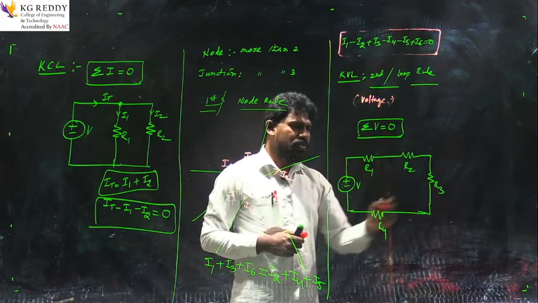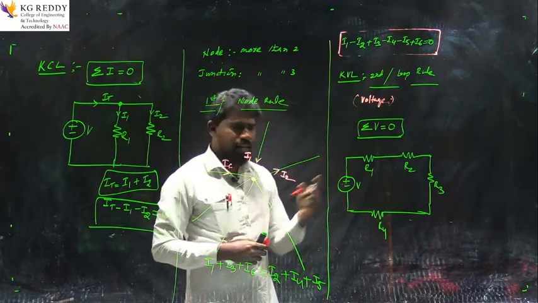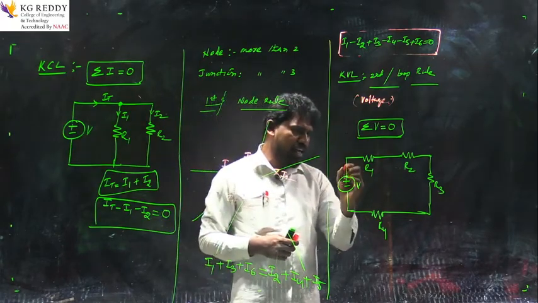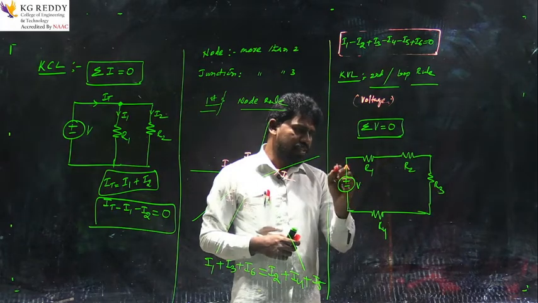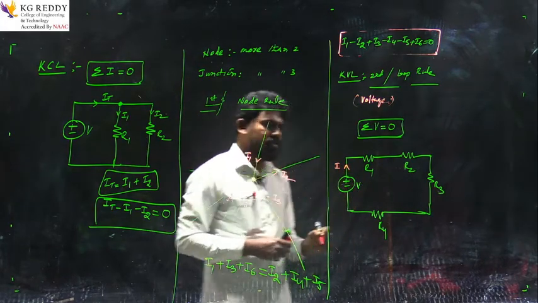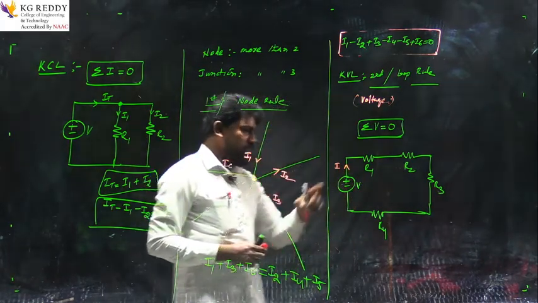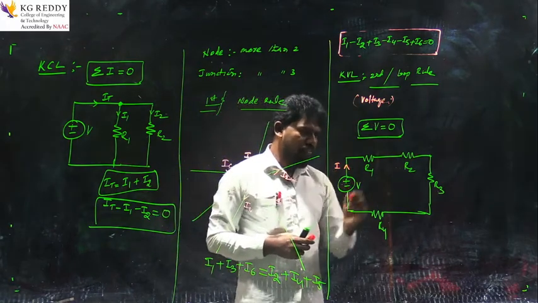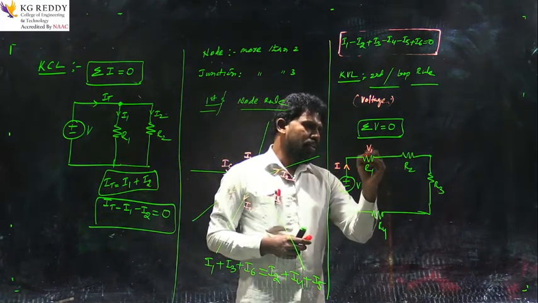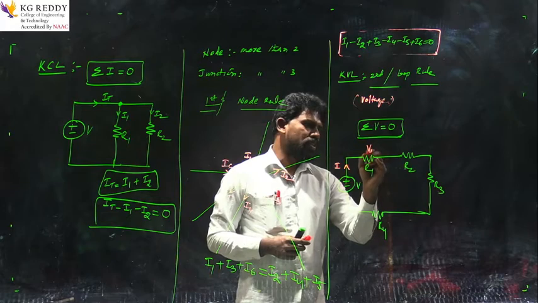When there is a closed circuit, there is a chance for current to exist in the network. That current I am going to denote here as I. This current I passes through the resistance R1, so the voltage dropped across R1 is V1.